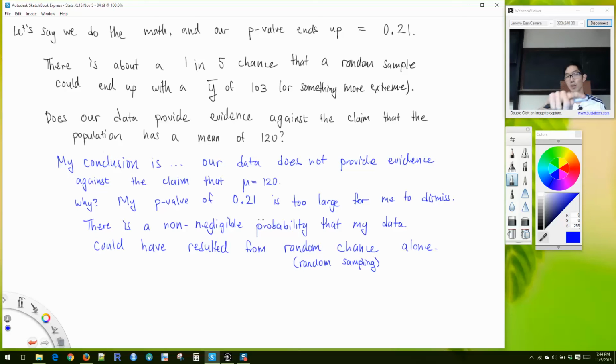I'm going to write the exact same scenario, this time with a smaller p-value, and then we'll get into a discussion of what is a big and small p-value. I'm glad that you raised that question, because that is the question I'm trying to evoke in you guys.